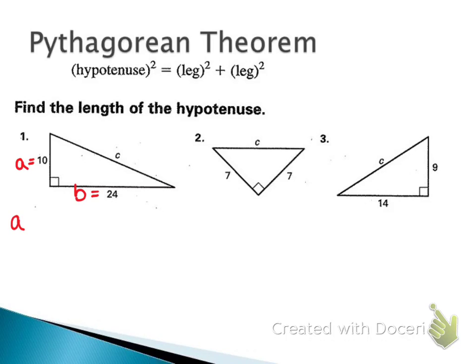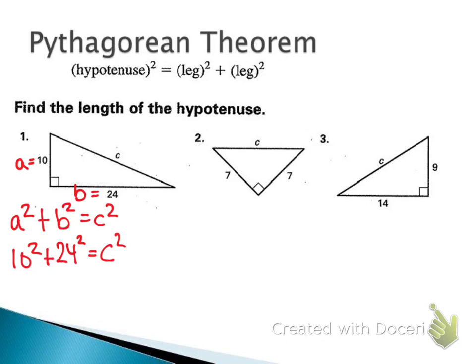So we set up the formula that we just talked about. And for A, I'm going to plug 10. For B, I plug in 24. And C, I don't know, so I'm just going to leave it as C. All three of those things are squared. 10 squared plus 24 squared equals C squared. Now I just have to start doing some computation.